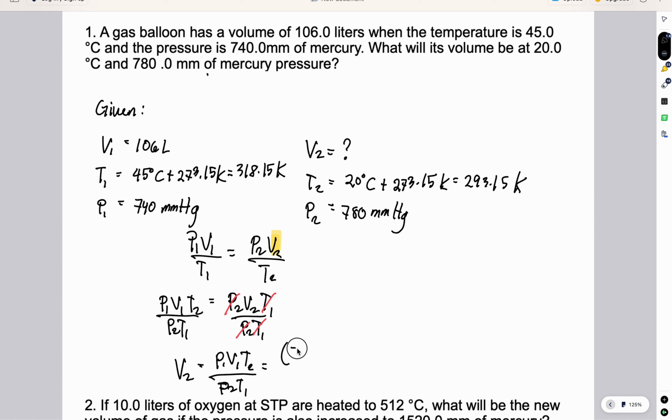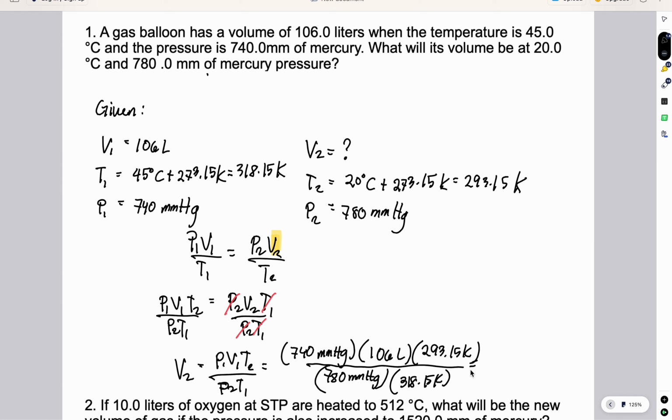We have P1, 740 mmHg, times V1, which is 106 liters, and T2, which is 293.15 Kelvin, divided by P2, 780 mmHg, divided by T1, which is 318.15 Kelvin.